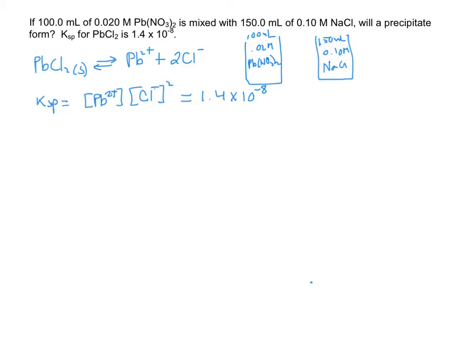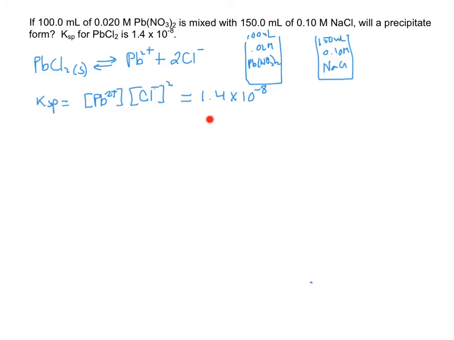Okay, so then how does this help me? So when I mix these two together, I can figure out what the concentration of Pb2 plus is and the concentration of Cl minus is, and I can calculate the concentration right now, which would be Q. And I can compare that to this number, so I can compare Q to K, because this is when it's going to start precipitating.